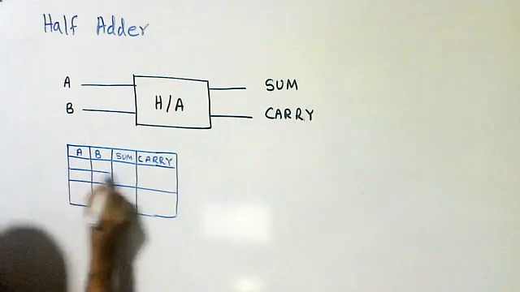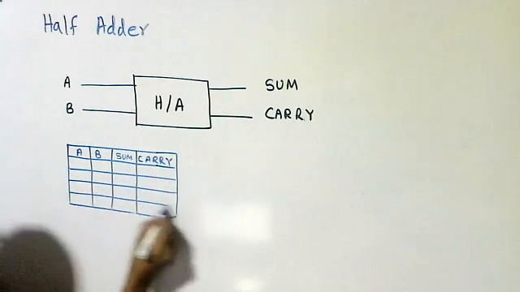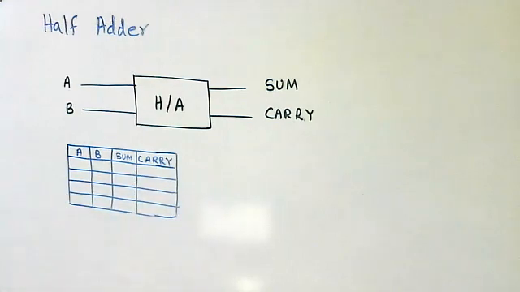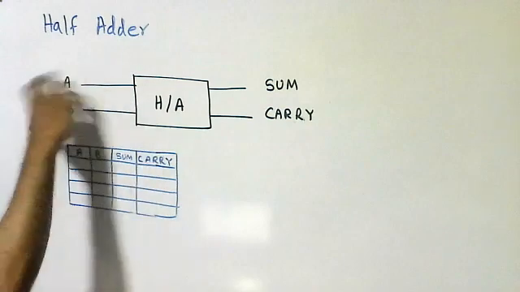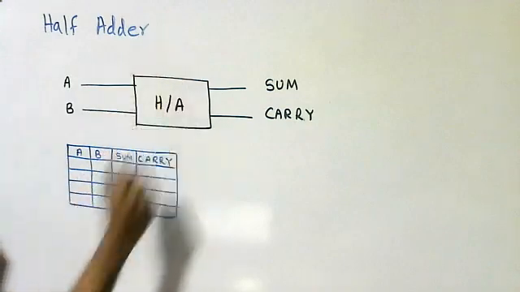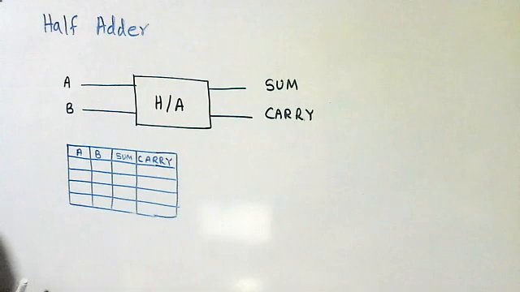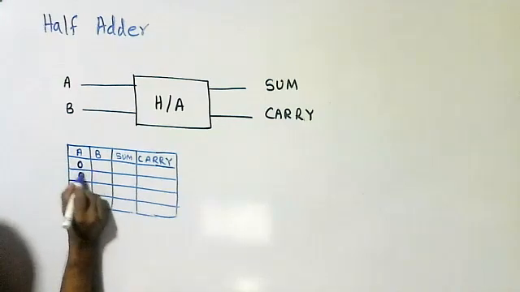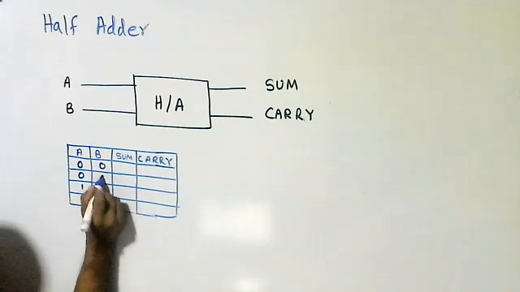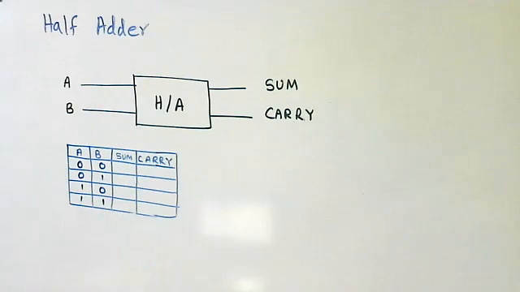You already know about truth tables. If there are two inputs, how many different combinations can we give, students? How many different combinations can we provide to this circuit? Yeah, 2 to the power 2, 4. Correct. So here 0 0, 0 1, 1 0, 1 1.